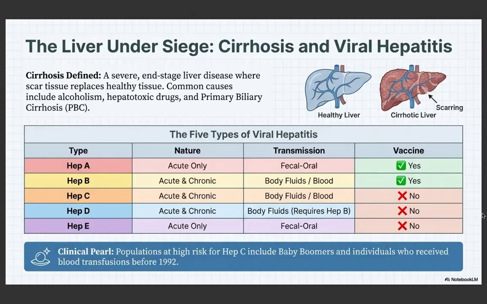Because it's shared needles, bodily fluids, blood, stuff like that. Intravenous drug use. All of those are for Hep C. Again, Hep D, you need a chronic condition of Hep B to get Hep D. And then Hep E, it's acute. And it's fecal to oral very similarly to how Hep A is.